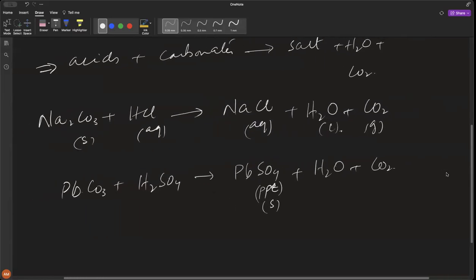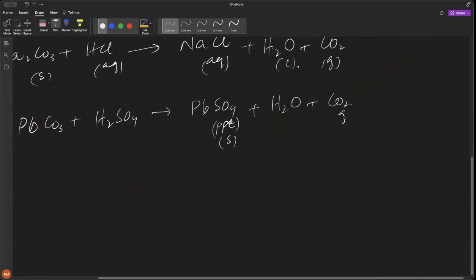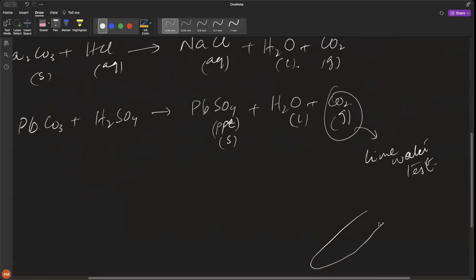How to check that the gas being produced is carbon dioxide? We are going to be checking this with the lime water test. We're going to take this test tube into lime water.